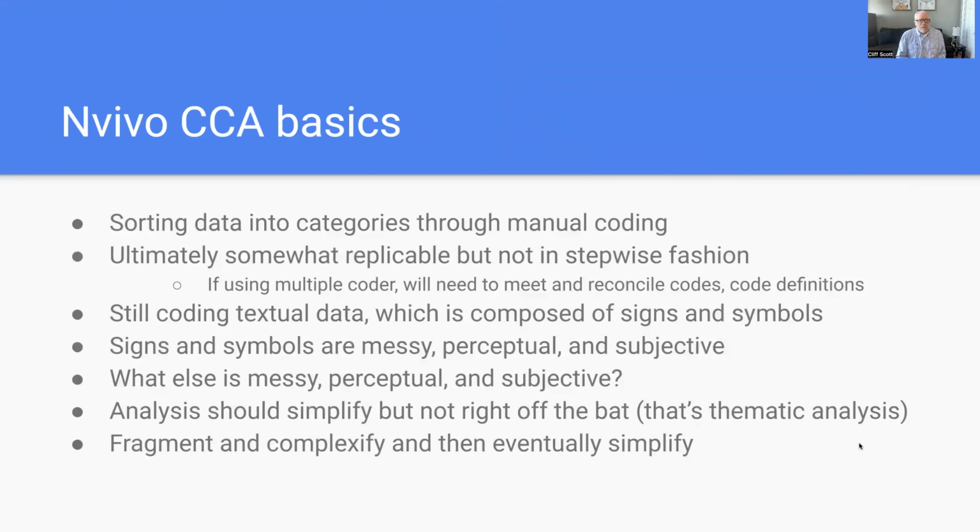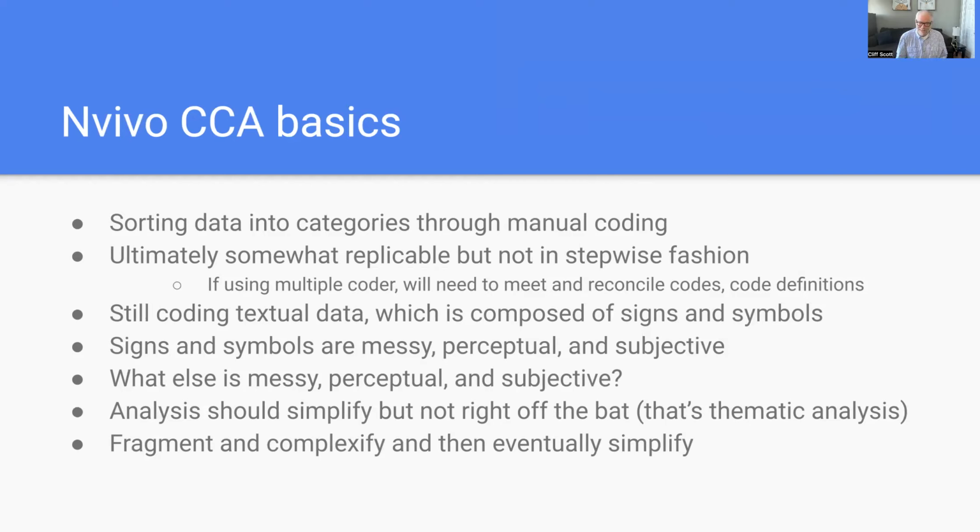I also wanted to conclude by going over some basics of using NVivo and even other coding software with which you can do constant comparative analysis. I wanted to talk about some of the main things to remember around the nuts and bolts of actually carrying out these 3 stages of constant comparative coding when you're using software to do so.